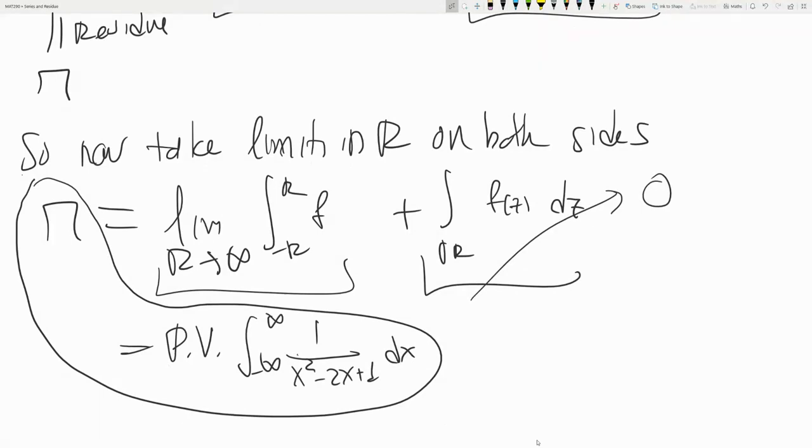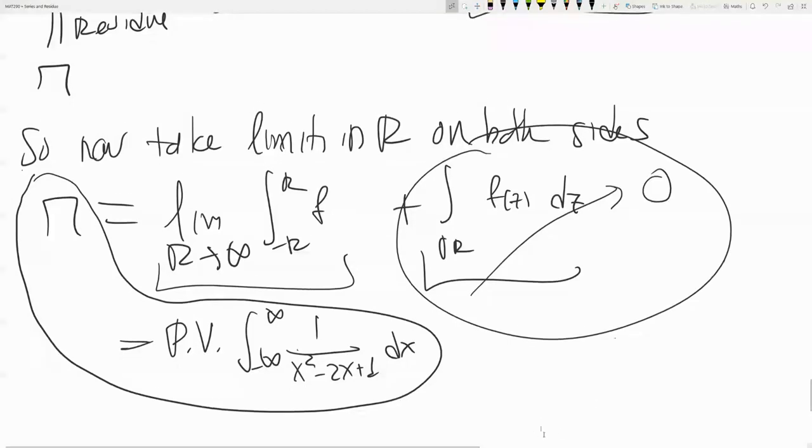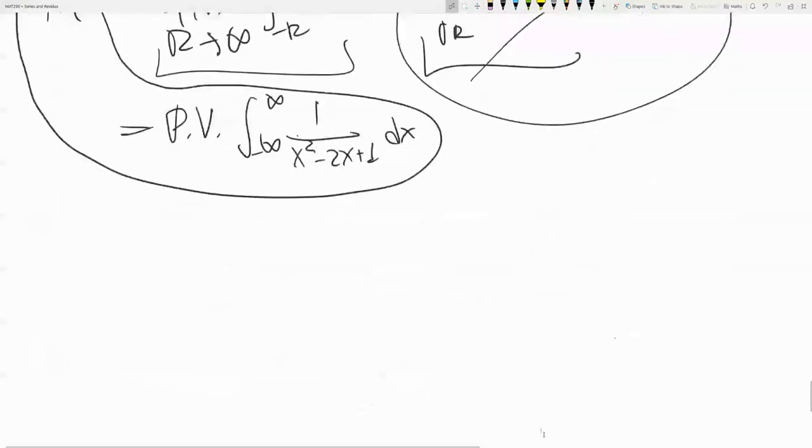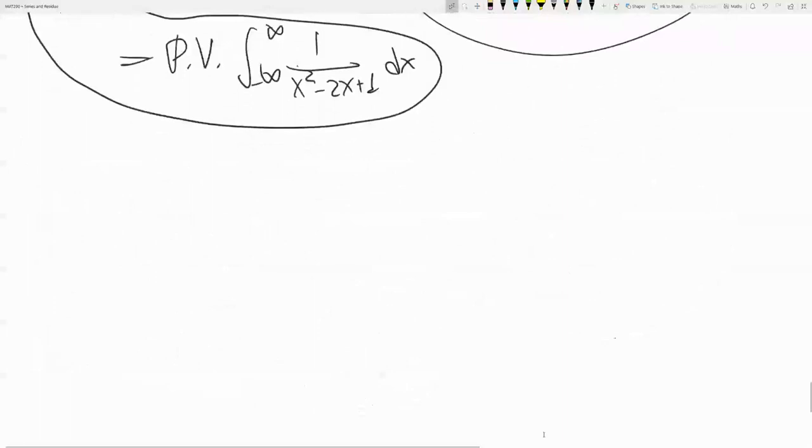Okay, so let me give you something to make your life easy for showing this limit. If you like, lemma, you can use this.